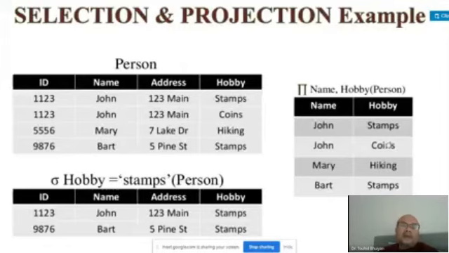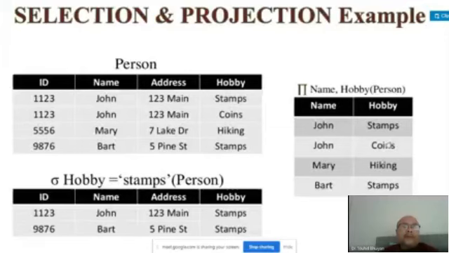So if I look at the person table, there are four different rows. Among them, there are two rows, two tuples, whose hobby value is stamp.